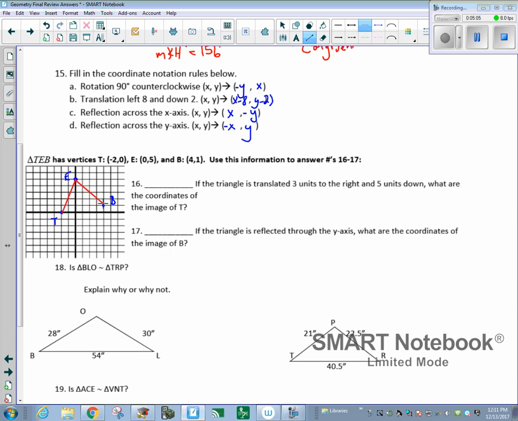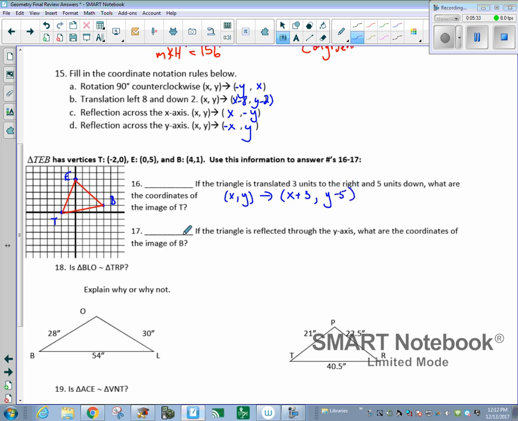With this triangle being drawn, they're asking us some questions about it. It says, if this triangle was translated 3 units to the right and down 5, what would the coordinates of the image of T be? If I had an x and a y, they want me to translate 3 units right, so I'm adding 3 to the x, and down 5 for y, so I'm going to subtract 5 from my y.